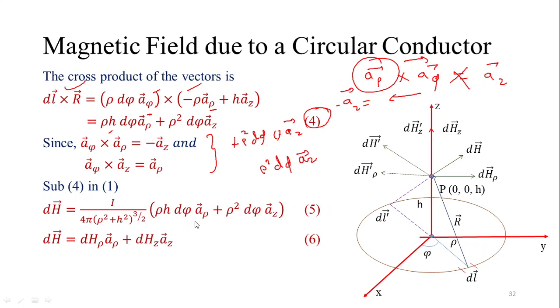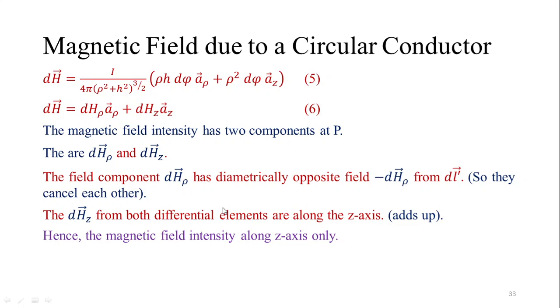Let's try to split this one into two parts, along a rho and along a z. So the magnetic field density is having two components, one along the rho vector and another one along the z vector. The field components along the rho vector are diametrically opposite, the field dH rho from dl dash.